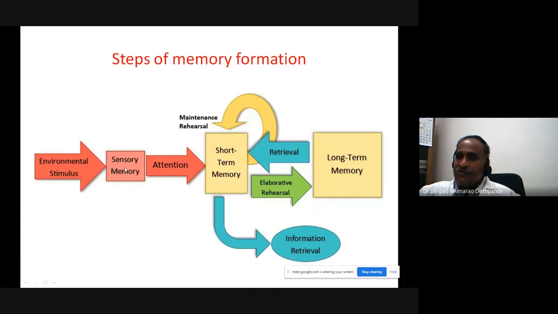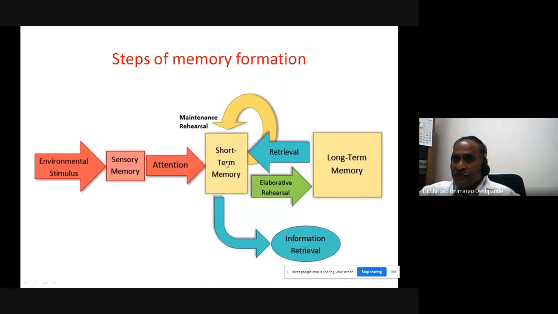These sensory inputs form the sensory memory, and this sensory memory with attention becomes a short-term memory. The hippocampus is already registering the short-term memory and thinks about whether it is worth retaining or not.